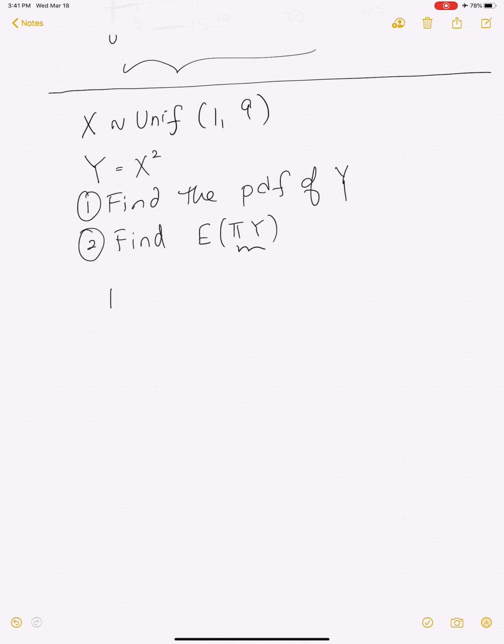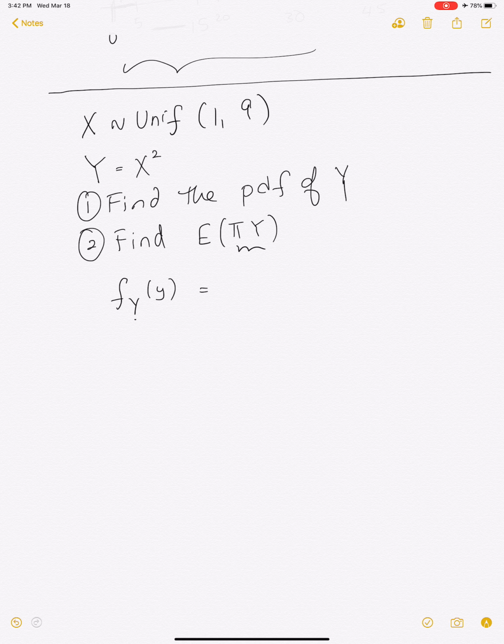All right, so what do we want? We want f sub Y of little y. When we have more than one random variable floating around, it's good to write down the subscript of the random variable that you're talking about.